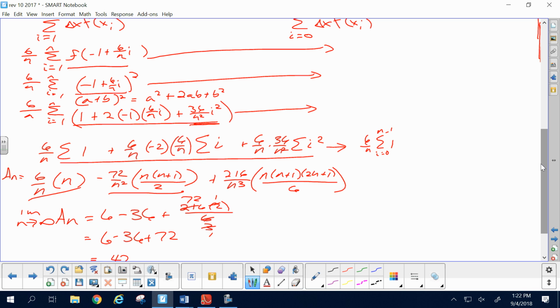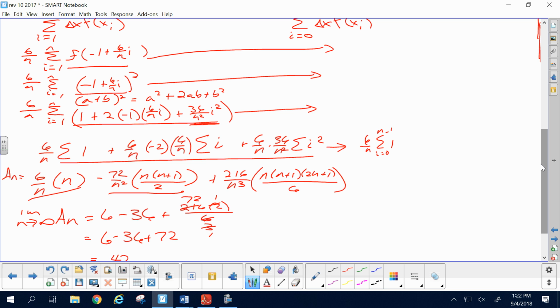How many ones do I have? Do I have n or n minus 1 ones? If I start with i of 1 and go through n, how many terms do I have?